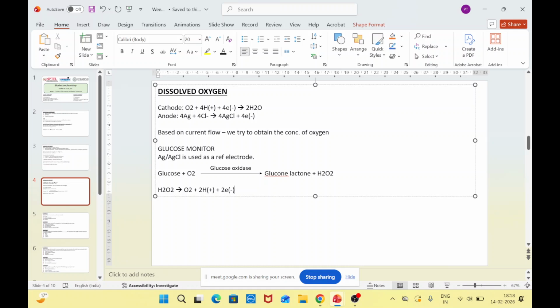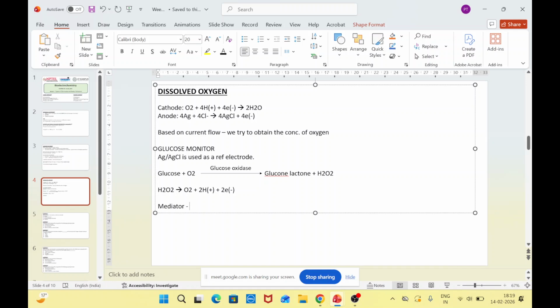What I mean is how much this oxygen comes in close contact with the glucose oxidase. If that contact is not good enough, then the measurement will be inaccurate. To combat this problem, the concept used is to add a mediator.